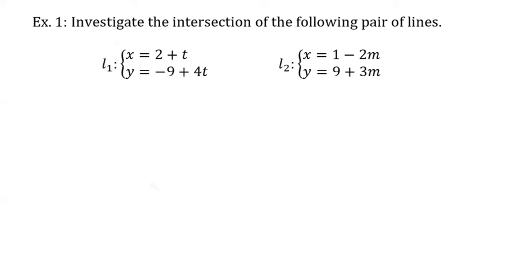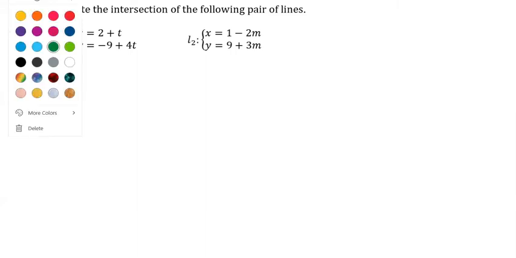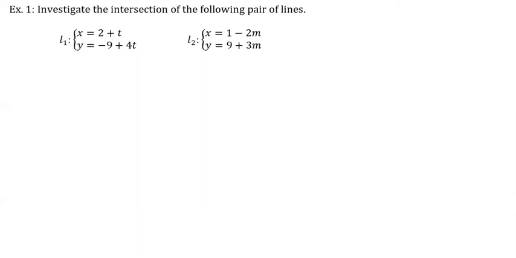In parametric form, how do we solve? We just set x's from one of the lines equal to x's in the other line, and y's in one line equal to y's in the other line.